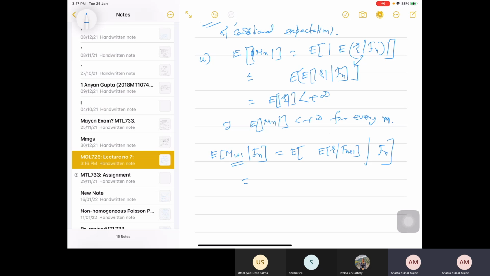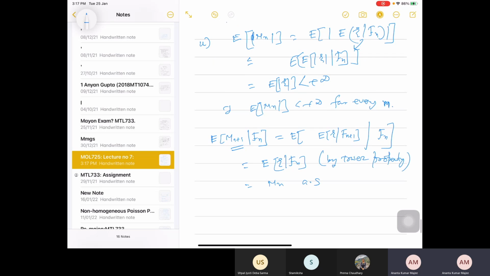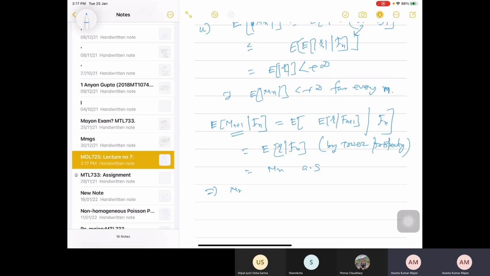Now f of n is a filtration, so it is increasing, and f of n plus 1 is a bigger filtration than Fn. So by the tower property, this is the same as the expectation of zeta given f of n, and by definition this is nothing but my Mn. So this implies my Mn is a martingale.